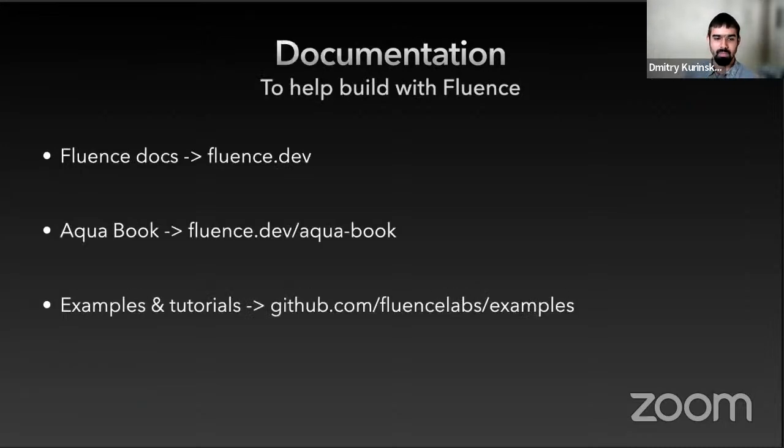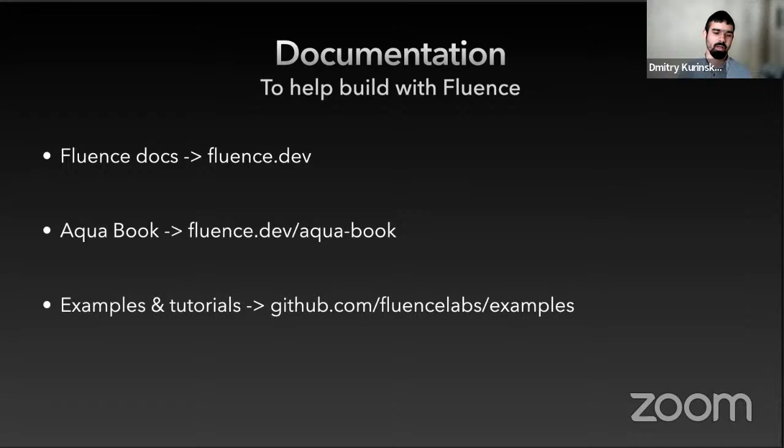And finally, to support all of this and to deliver it to the community, we have documentation. We have the main Fluence docs on the fluence.dev website. We have the Aqua book on fluence.dev/Aqua book. And we maintain a repository with examples and tutorials for every part of Fluence.